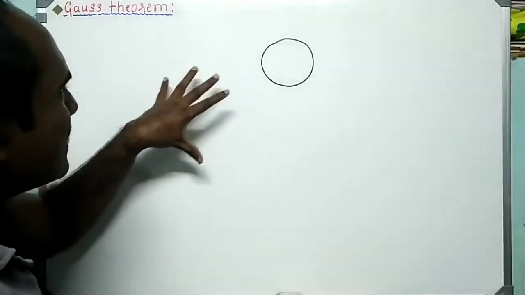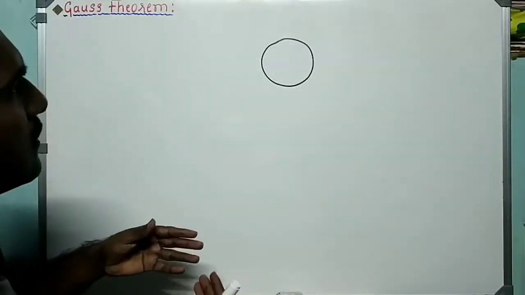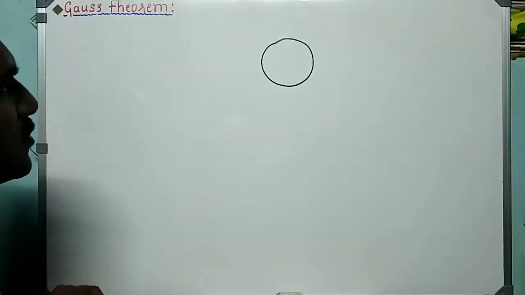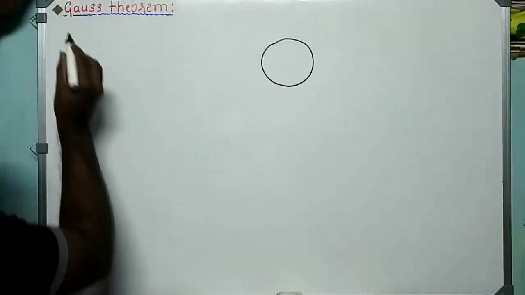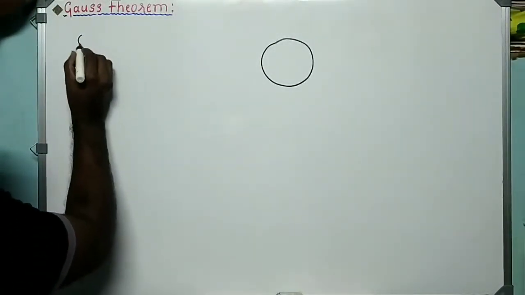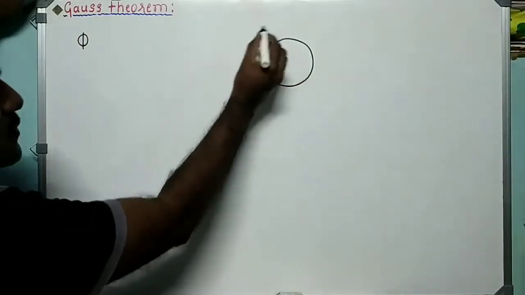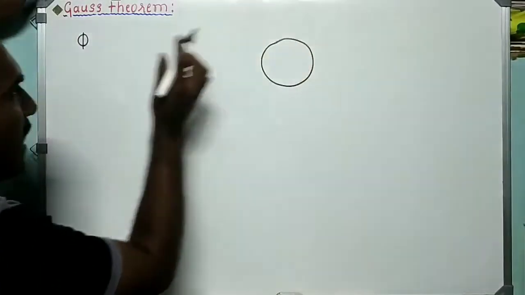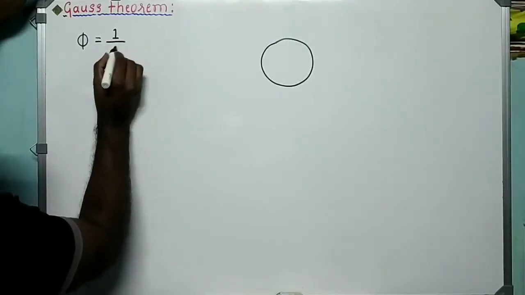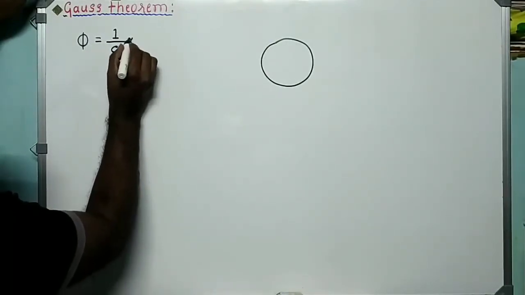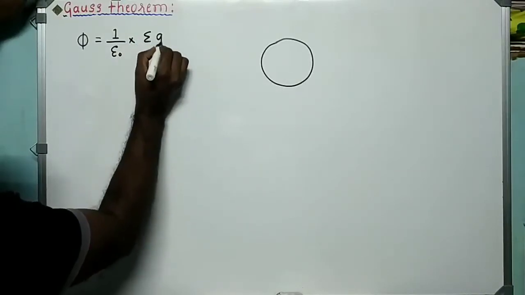But here I am following a different method. In such cases, according to Gauss, the total flux across this closed surface, which is placed in air medium, is always equal to 1 divided by epsilon naught into summation of Q.